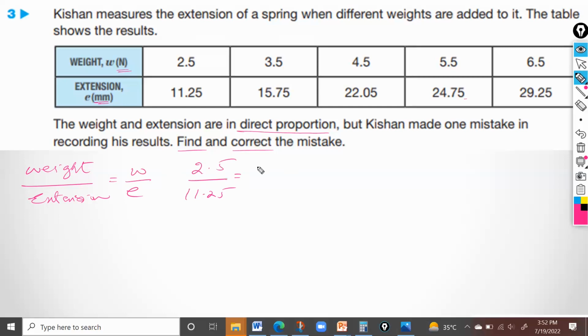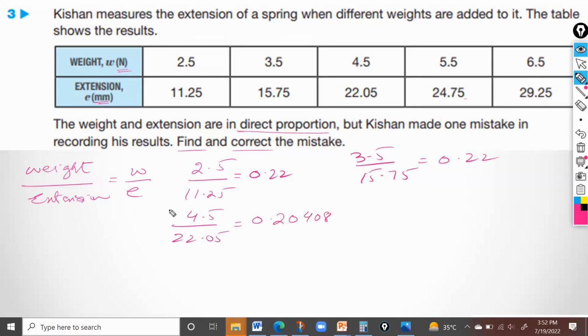We get 0.22. Again, we check 3.5 divided by 15.75. This is again 0.22. Now we check 4.5 divided by 22.05. This time we do not get 0.22. Instead, we get 0.20408, which is totally different.